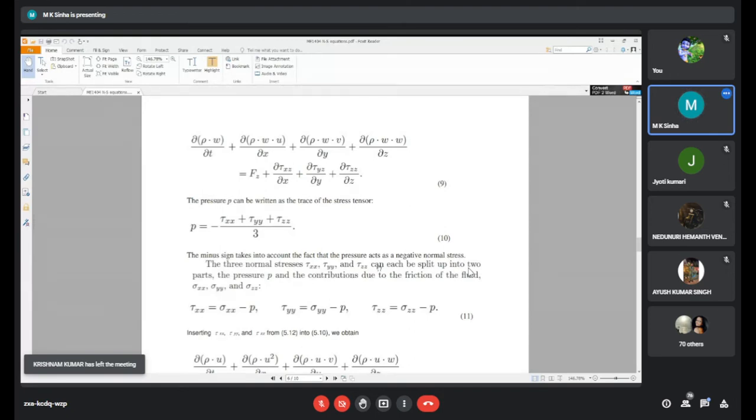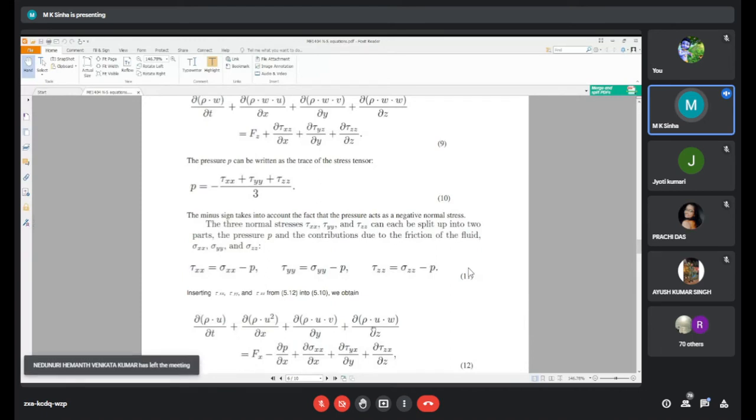That's why the combination of these two equals 0. So p plus (tau xx plus tau yy plus tau zz) divided by 3 equals 0. The minus sign takes into account that the pressure is negative.